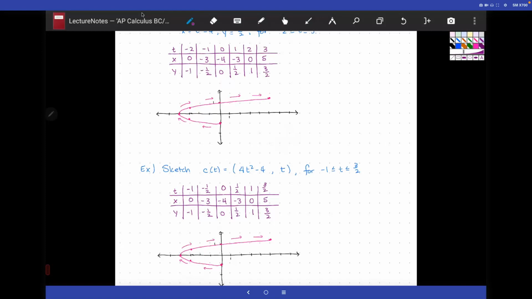But the speed of the particle is different. Just a little preview of next class, because it's not that hard to figure out on your own. Speed makes me think rate of change, which makes me think what in calculus? Derivatives. Yeah.